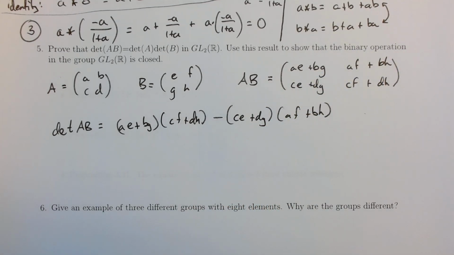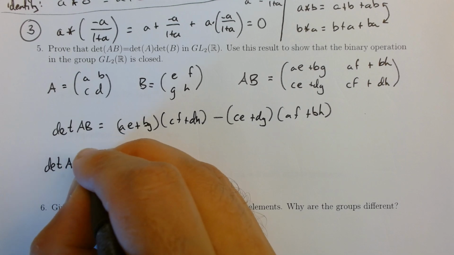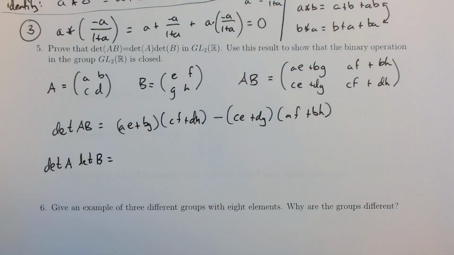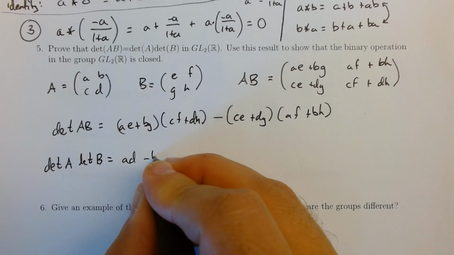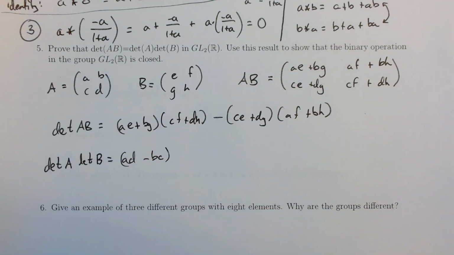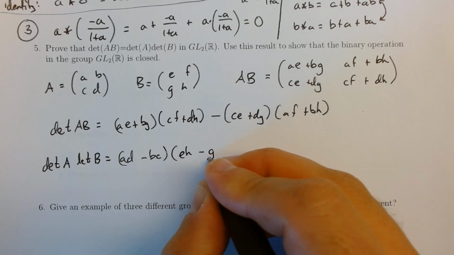So that's what the determinant of AB looks like. Now I need to show that that's the same as if I multiplied the two determinants together. So the determinant of A is AD minus BC, and the determinant of B is EH minus GF.